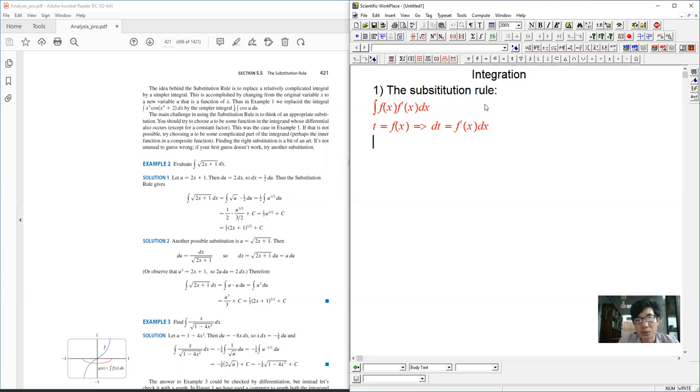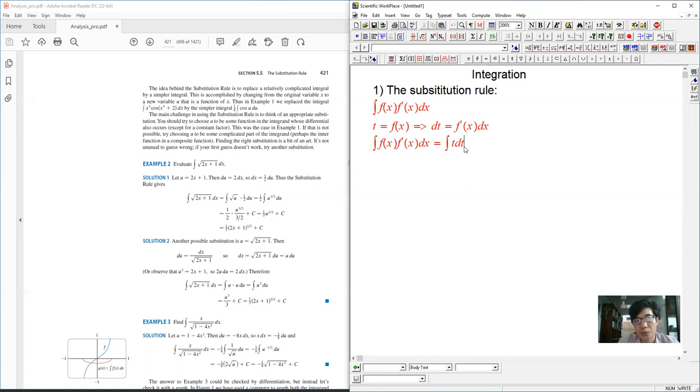So the integral could be rewritten like this, changing f(s) to t and f'(s) ds to dt.